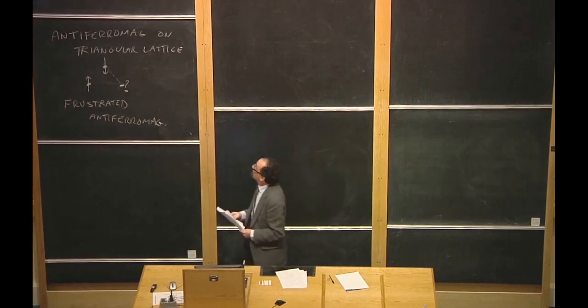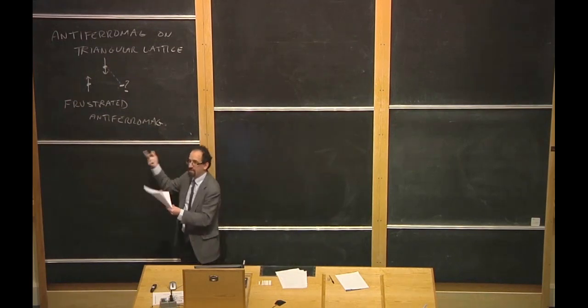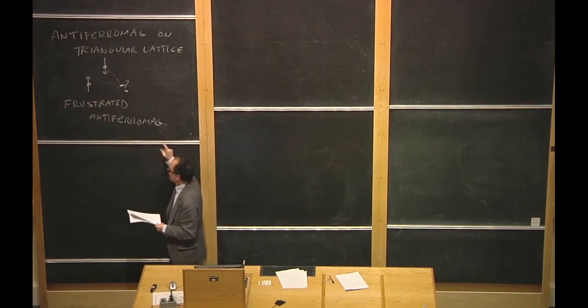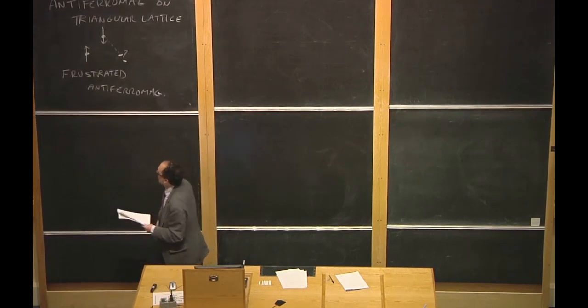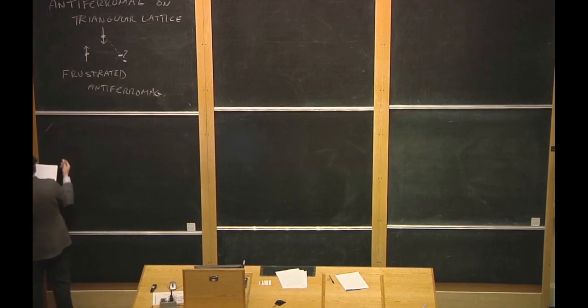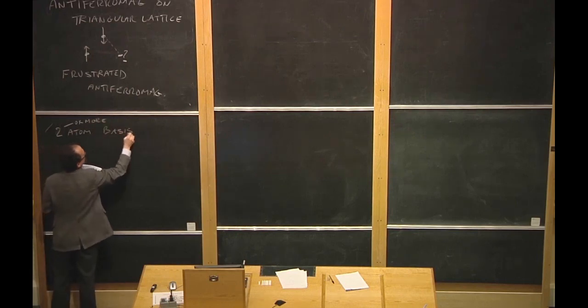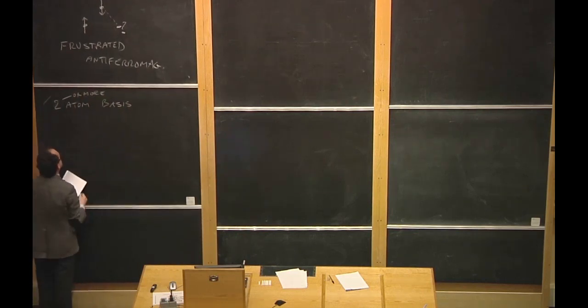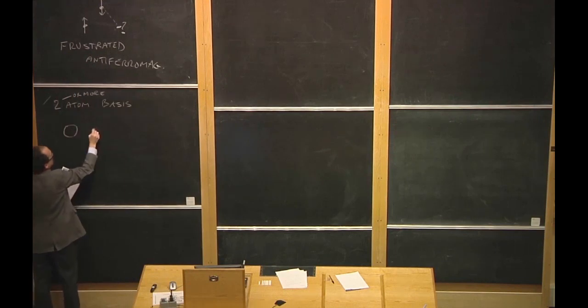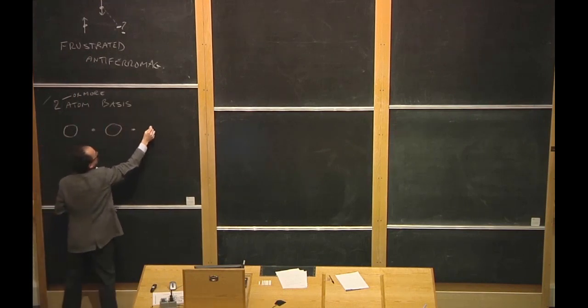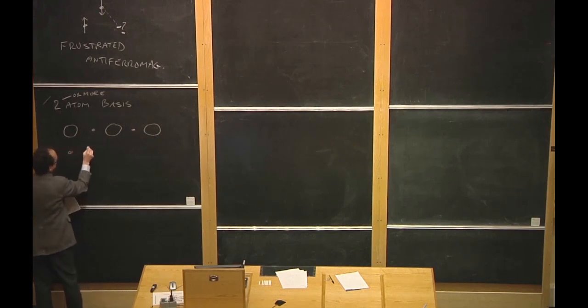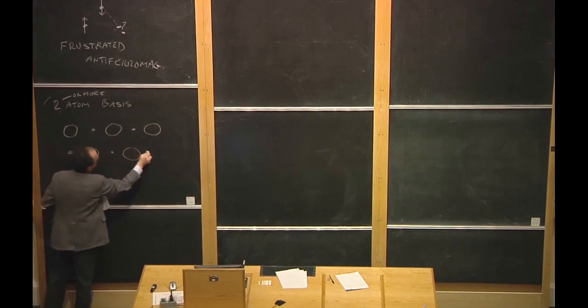Okay, so one more case of antiferromagnetism, or similar physics to antiferromagnetism, that I want to mention is the possibility that you have a two-atom basis, or two or more atom basis, for a lattice, for a crystal. So let's consider, for example, a big atom, a small atom, a big atom, a small atom, big, small, big, something like this.